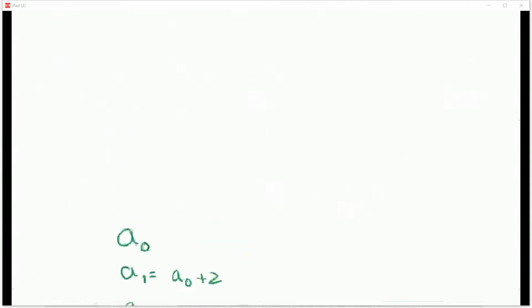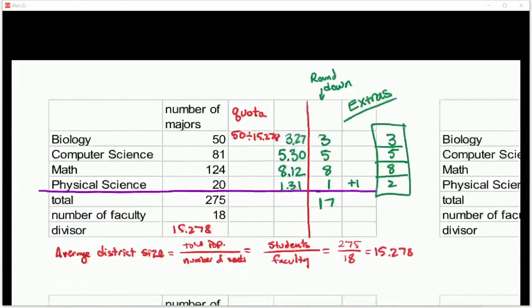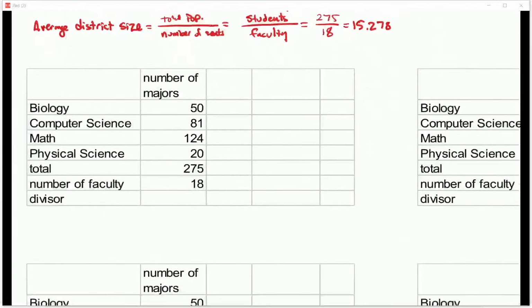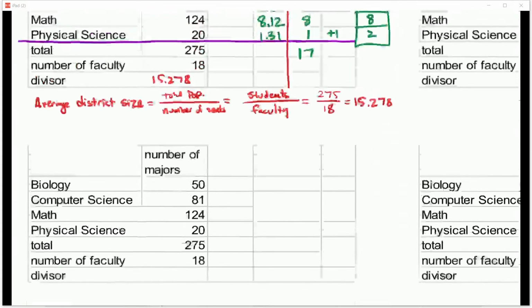But let's go back to this page here, because we want to contrast this with Jefferson's method. You remember I mentioned Jefferson's method was the one that actually got adopted in 1792 after Hamilton got vetoed. So let's see Jefferson's method. Let me label this up here.